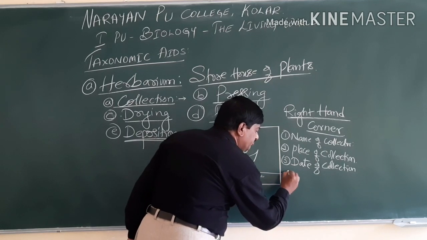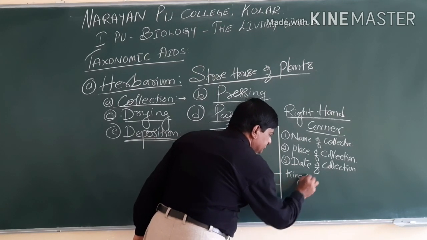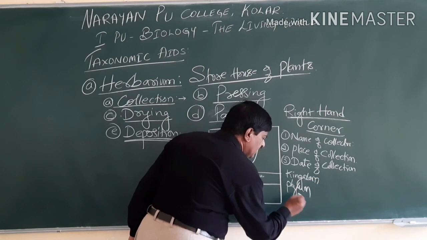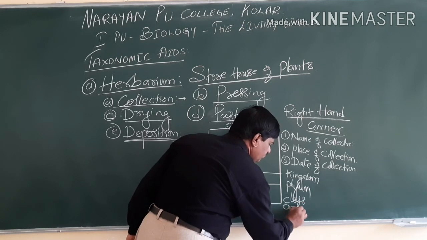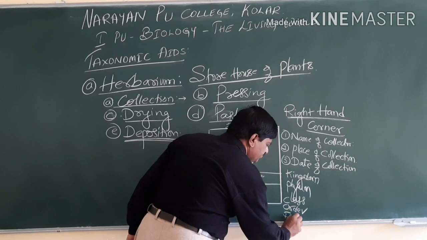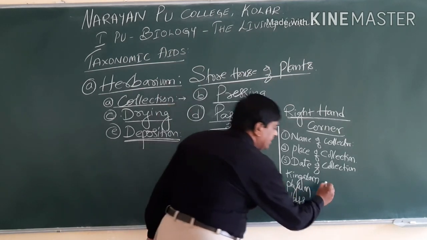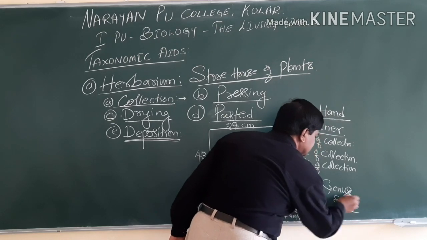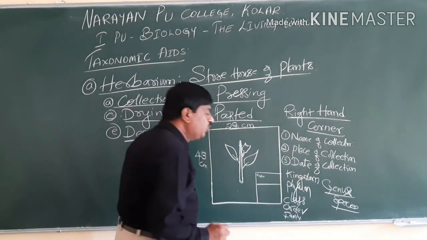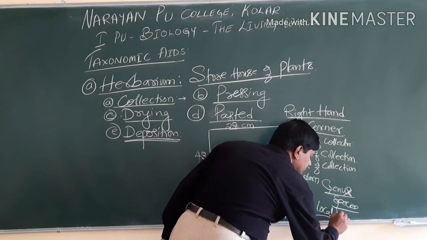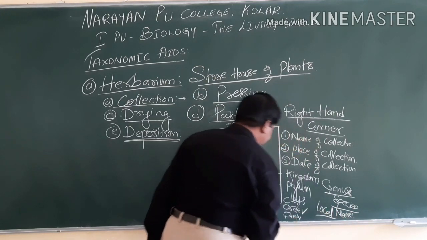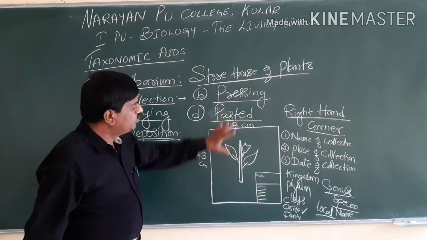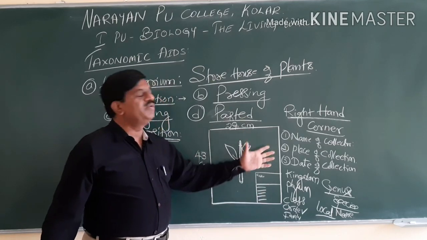So here we write the kingdom of the plant, phylum of the plant, and the class, order, family, and we write the genus and species. Along with that, we can write the local names. Local language names can also be written here one after the other. So like this, in the right hand corner, we write the detailed information of the plant.